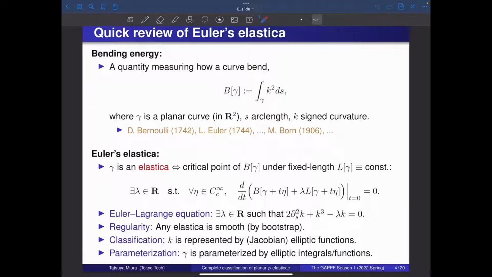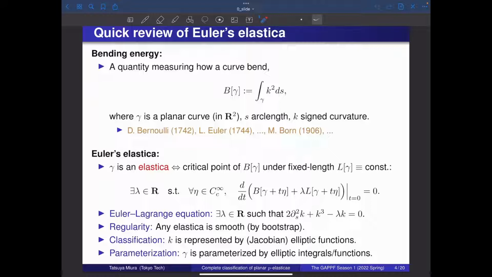Alright, now let's give the mathematical definition of Euler's elastica. To this end, we first define the so-called bending energy. The bending energy is a quantity that measures how a given curve gamma bends.